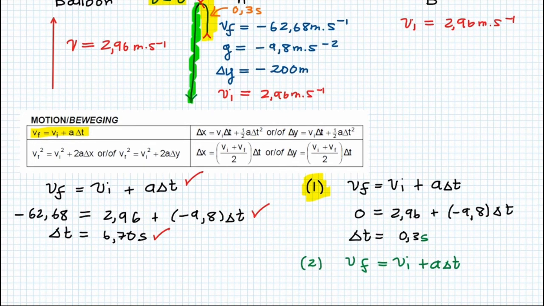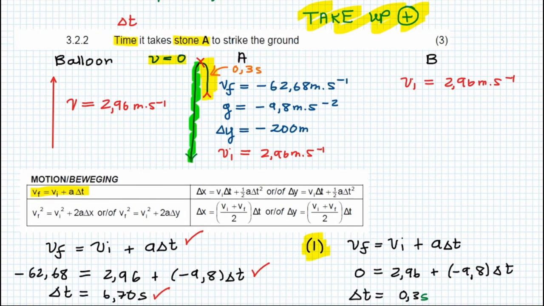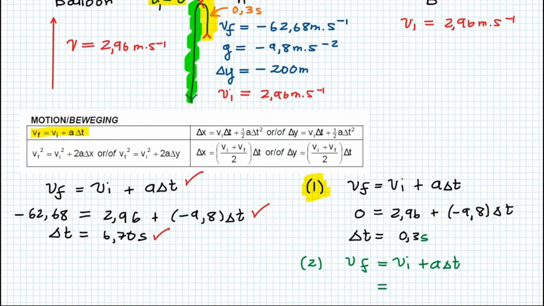At its maximum height, for this downwards motion over here, we now know that this at the top is the initial velocity, and when it strikes the ground, that will be the final velocity. So we have negative 62.68 is equal to the initial velocity, which is 0, plus negative 9.8 times change in time.